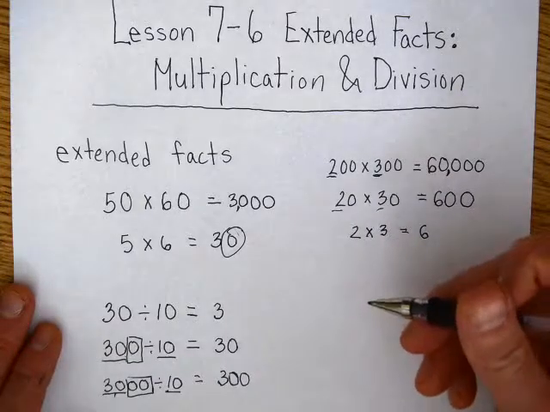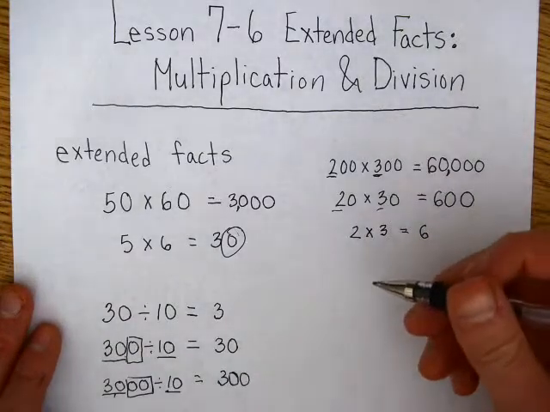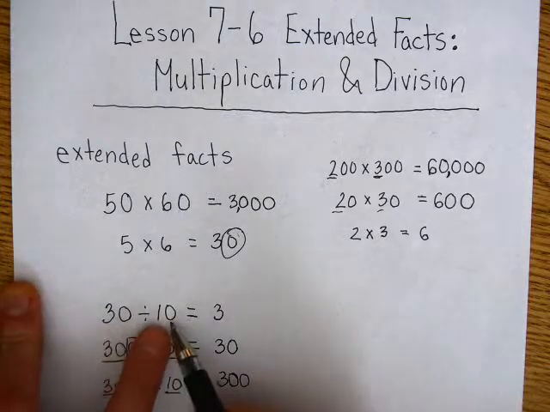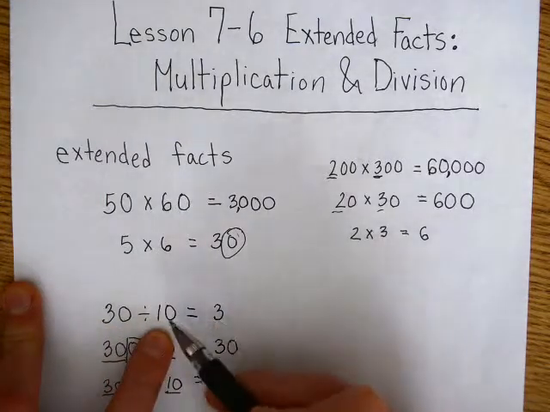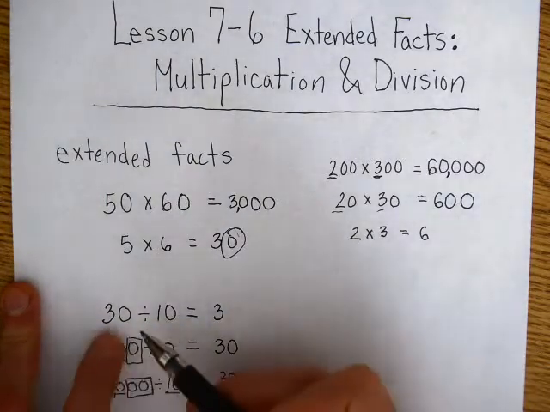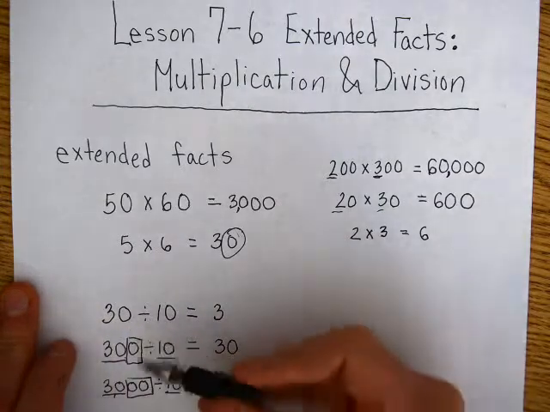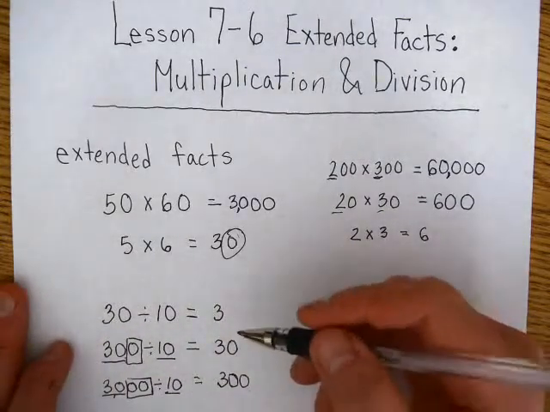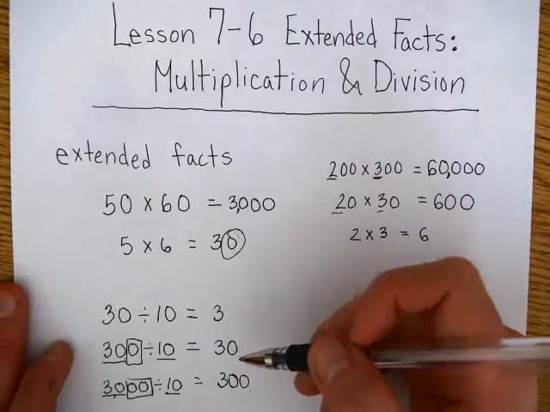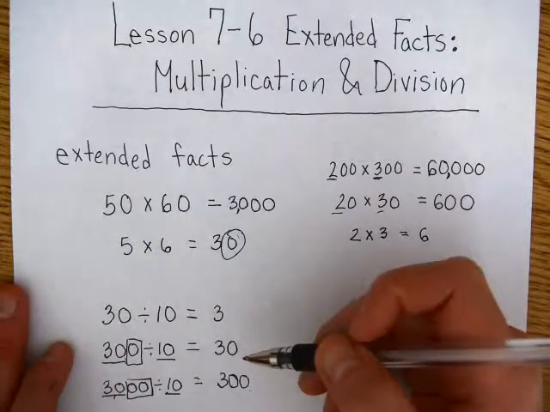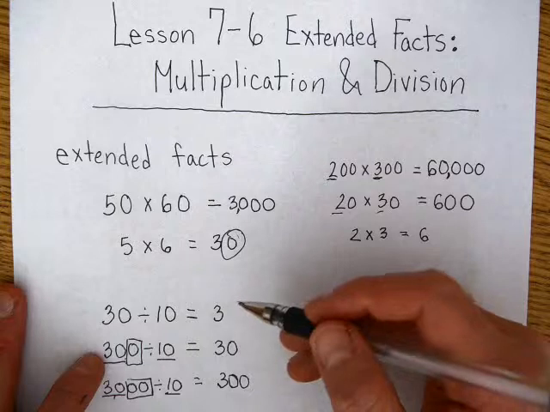We want them to be able to use multiplication facts to solve division problems. So 30 divided by 10 equals what? What times 10 equals 30? 3 times 10 equals 30. Because remember, multiplication and division are like opposites. That's what we want. We want kids to be making that relationship, making that connection.